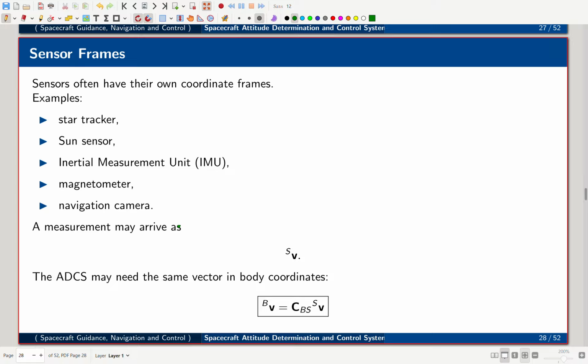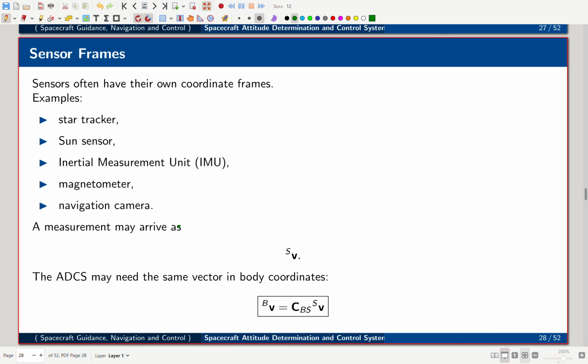So sensor frames: sensors often have their own coordinate frames, right? For example, star tracker, sun sensor, inertial measurement unit, magnetometer, navigation camera.